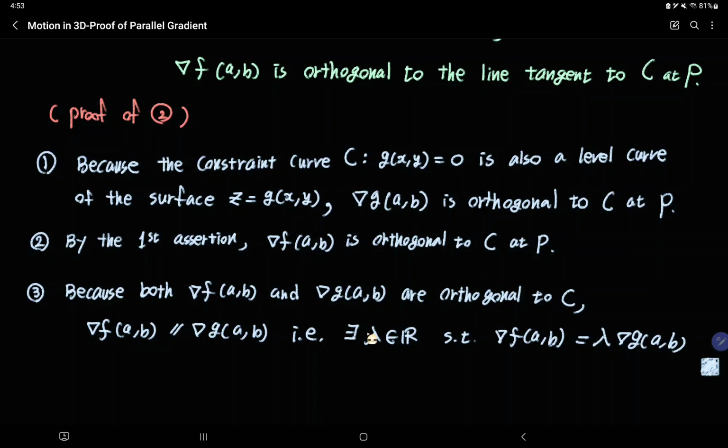That's why there exists a real number lambda such that gradient f equals lambda times gradient g. That real number is called the Lagrange multiplier. So that's it.